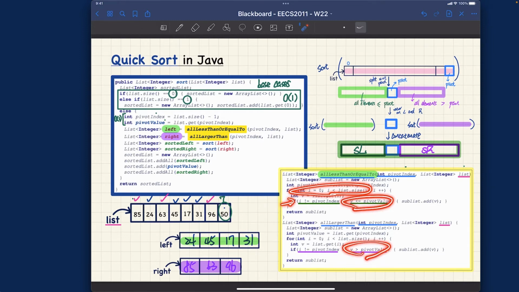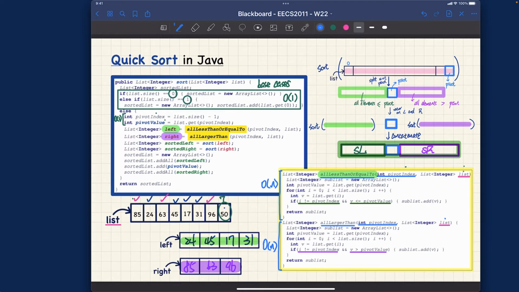So in the worst case, you have to go through the entire list to check every element to see whether it should be included or excluded in the return list. So both of them should be big O of n, n being the number of elements in the input list. So this method over here, not surprisingly, is big O of n. And this one over here, to figure out the second half, will also be big O of n.